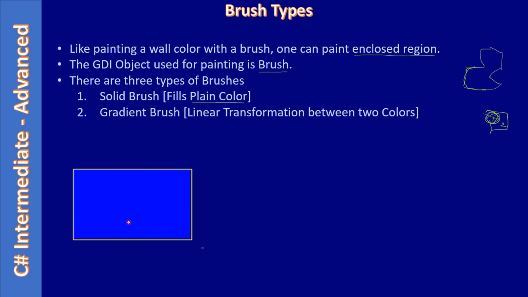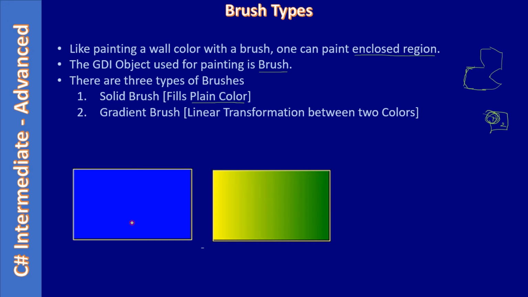Next comes the gradient brush. The gradient brush works on 2 colors, which are linearly interpolated between the 2 ends. Let's see an example. Here, color 1 is yellow and color 2 is green. The linear interpolation is applied horizontally, from left to right, from color 1 to color 2.